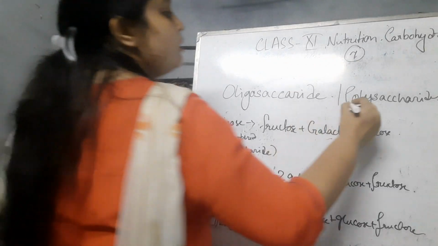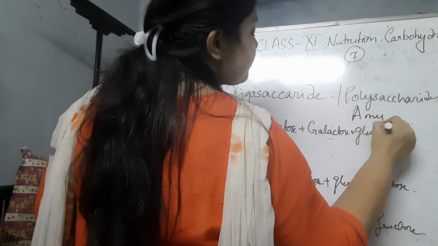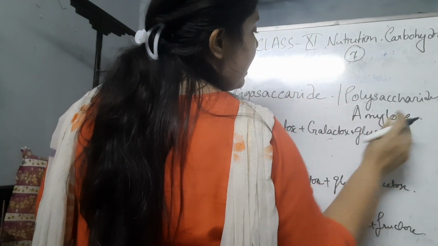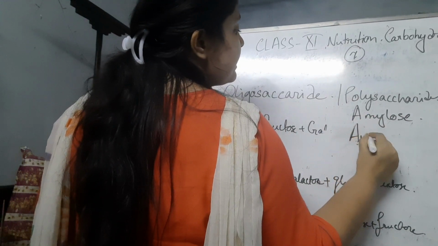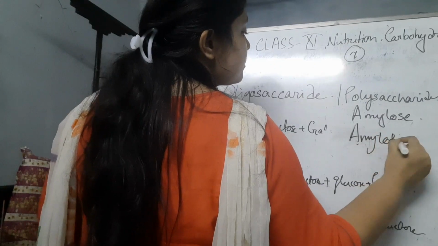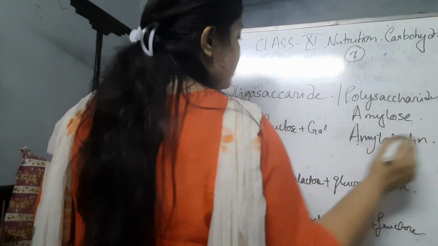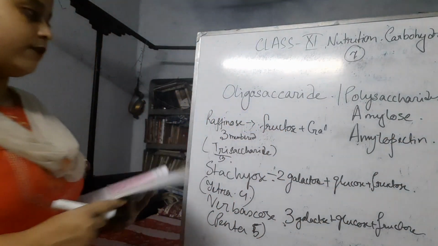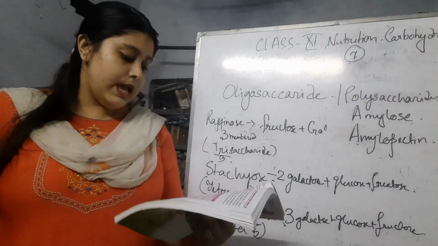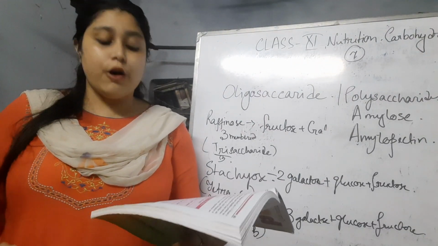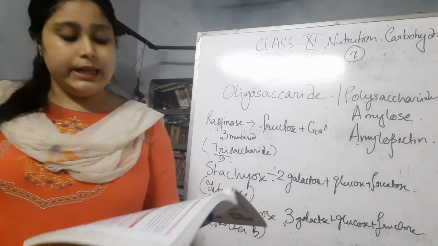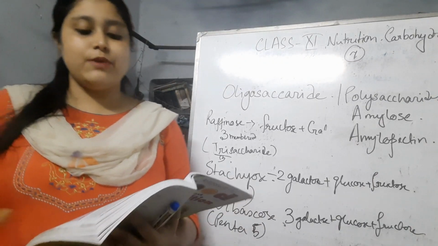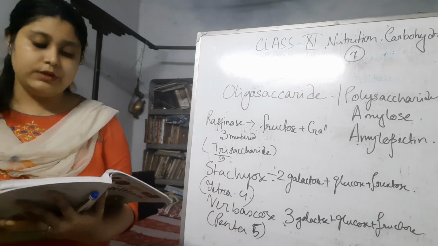These 2 types of polysaccharides are present, and they usually form a linear chain by alpha 1,4 glycosidic linkage, and sometimes a 1,6 glycosidic linkage also, which is not linear.